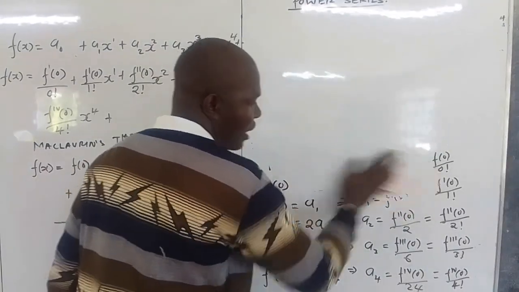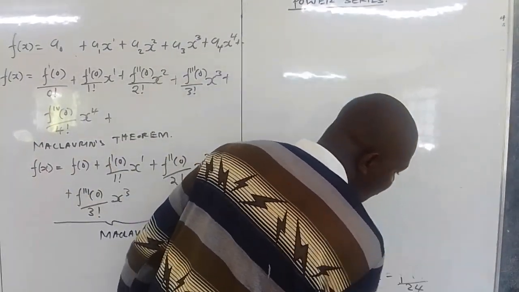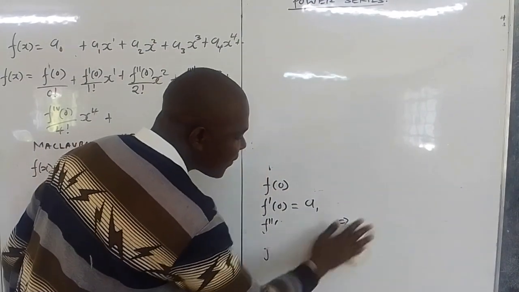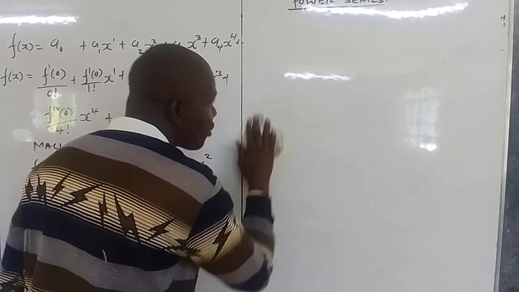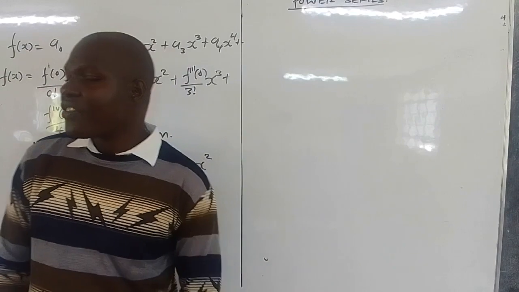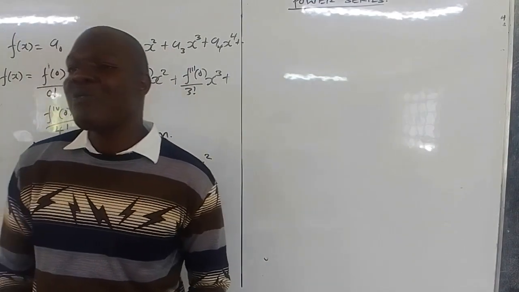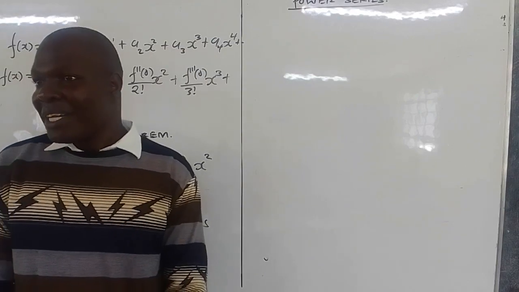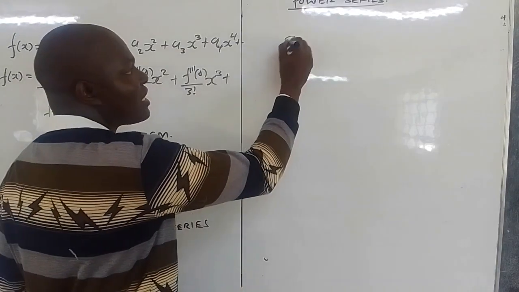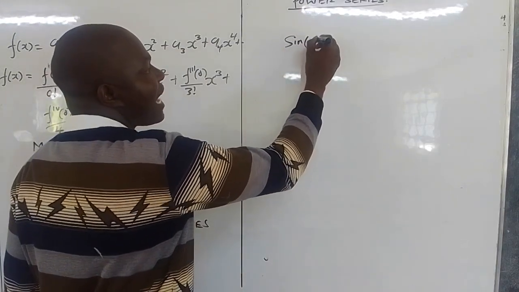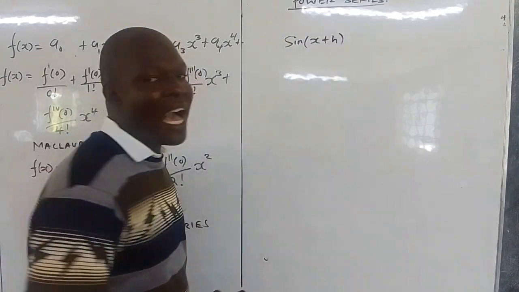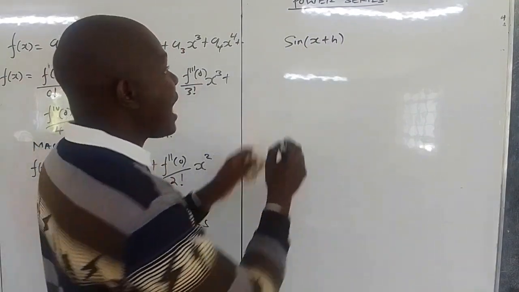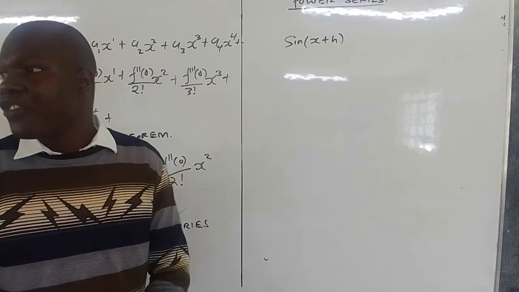The Taylor's theorem actually is divided into two parts. There's a Taylor's theorem for the expansion of a function f of x, and there's a Taylor's theorem for the expansion of a function f of x plus h. Somebody will give you maybe sine x plus h to expand in Taylor series.